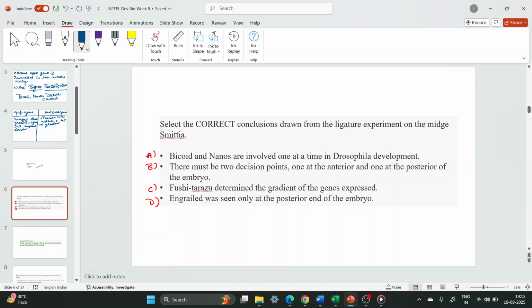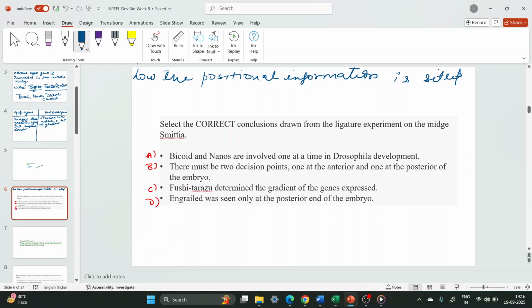The ligature experiment in Mitz-Smithia was done to test how positional information is set up along the anterior-posterior axis.